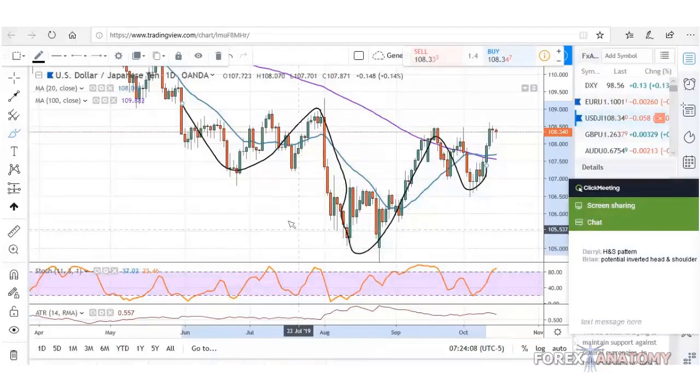Turtle soup: price pushed lower, retested these lows, and then pushed higher. And the very fact that you have a pattern within a pattern, this double bottom on the daily and this potential inverted head and shoulders, leads us to believe that you really need to consider being bullish on this pair. There's more of a bias for the upside than the downside, especially on this larger time frame.